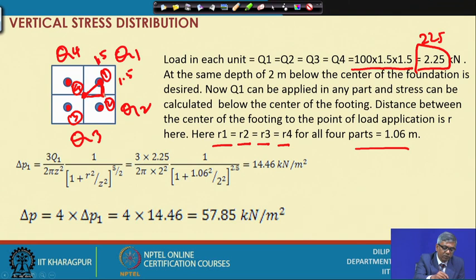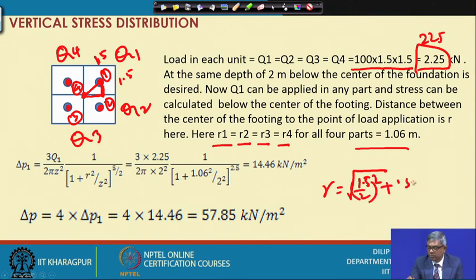R will be equal to under root of (1.5 by 2) whole square plus (1.5 by 2) whole square. So, you have to find out this distance. This square plus this square under root will be the R. If you calculate, then you will get 1.06.